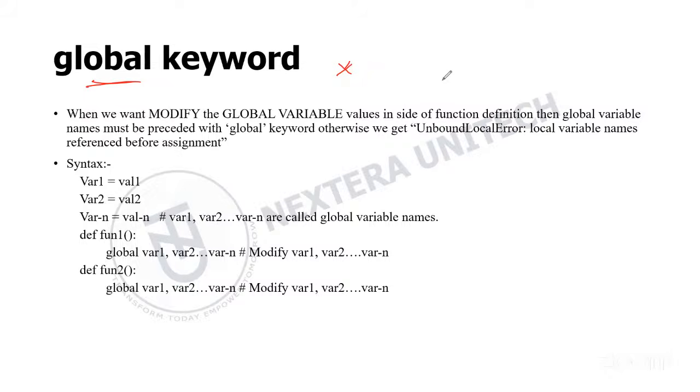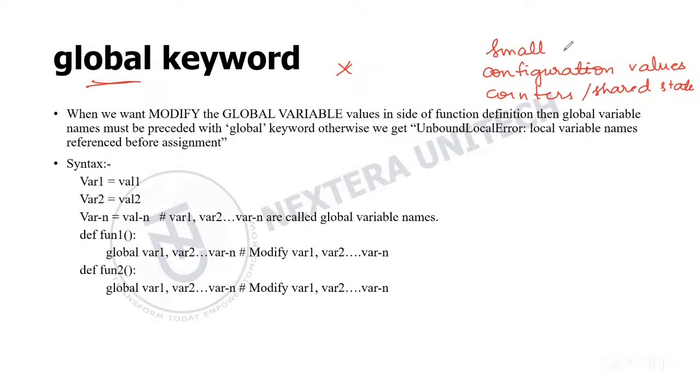You can use the global keyword in real use cases only when you want to configure values. You can also use it for counters or shared state, and for small scripts. But don't excessively use the global keyword, because it makes code hard to debug and breaks modularity.